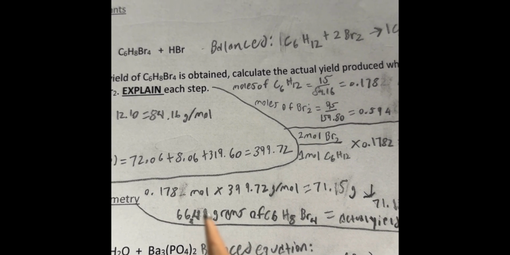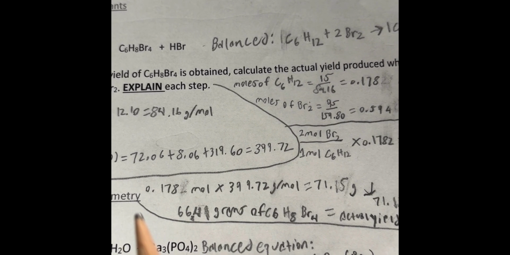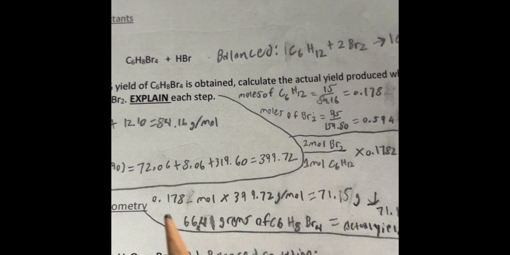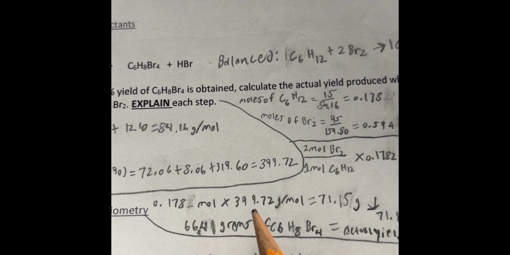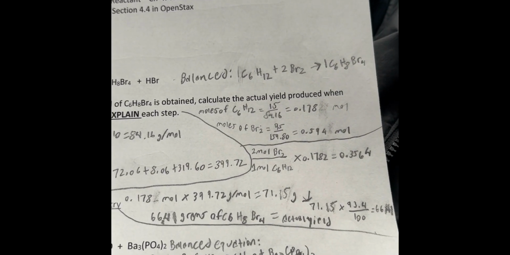And in order to convert that to grams, we need to multiply the molar mass of C6H8Br4 times 0.178. So that'll be 0.178 mole times 399.72 grams per mole, which comes out to be our theoretical yield, 71.15 grams.